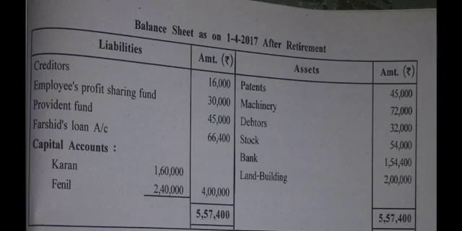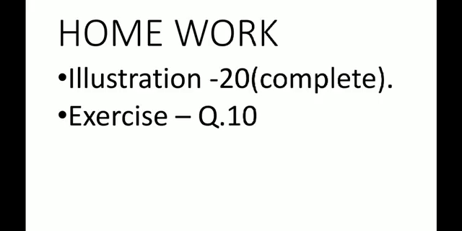The last adjustment was a bit twisted, and you are supposed to practice a sum similar to this in your homework, which is question 10 from the exercise, and you also have to complete illustration 20 for today's homework.